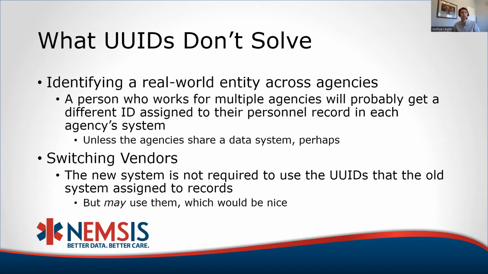Right. Okay. So they are a mandatory component of NEMSIS 3.5. So if an agency submits a record to you that has a UUID attribute as part of its definition in 3.5, that UUID attribute has to be there and it has to have a value that is valid.